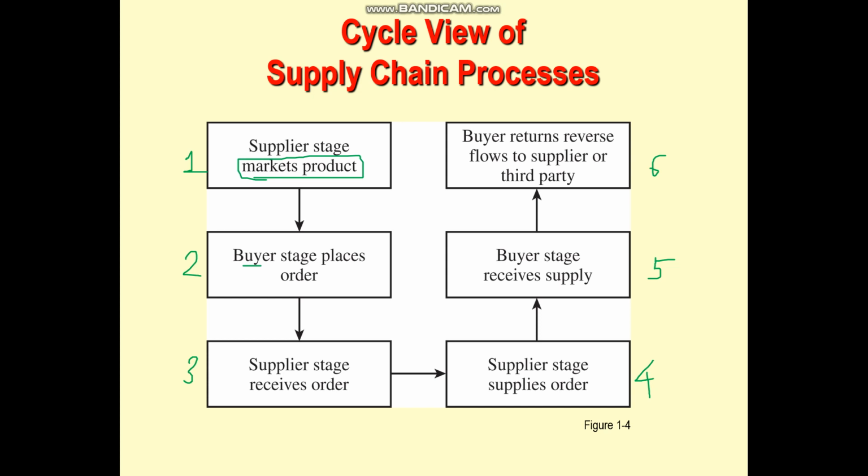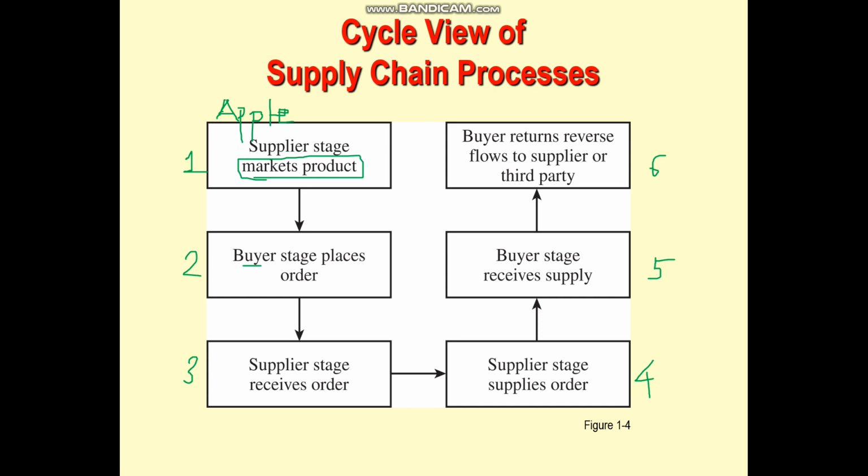So I will give you an example. For example, Apple will launch the iPhone 11 to the market. Then the buyer will make the order to the suppliers, deciding how many iPhones they want to buy.